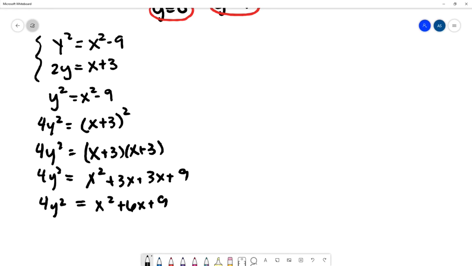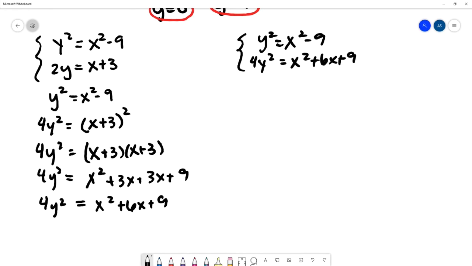Okay, so my new system would be y squared equals x squared minus 9, and 4y squared equals x squared plus 6x plus 9. So I can try the elimination method now that my y terms are like terms.